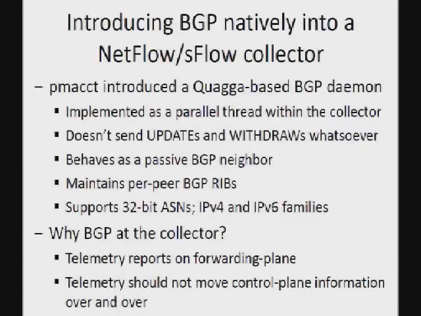What happened last year, in 2009, is that PMACCT was just a regular NetFlow and sFlow collector, writing to a database. Then a BGP daemon was introduced within the software as a parallel thread to the collector. So now you get two parallel threads. One gets telemetry data, the other gets and handles the BGP sessions.